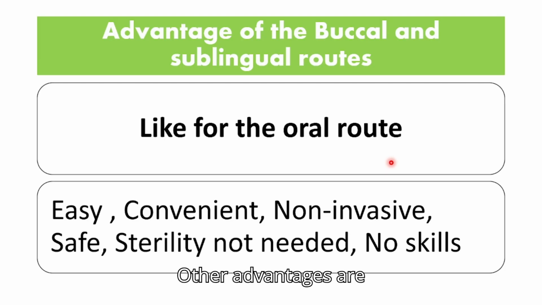Other advantages are like for the oral route. So like the oral route, it is easy to give a drug buccally or sublingually. It's convenient, non-invasive, safe, sterility is not required, and no skills are required to use this route.